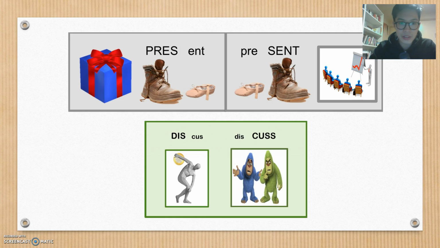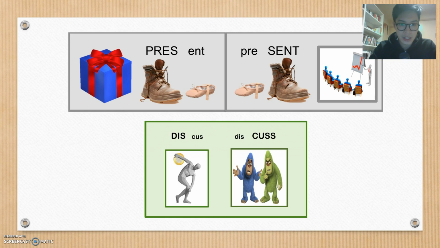Let's start with present. Present is a two-syllable word: present, present. But one syllable is stressed and the other one is unstressed. So let's listen to it again. Present, present, present.